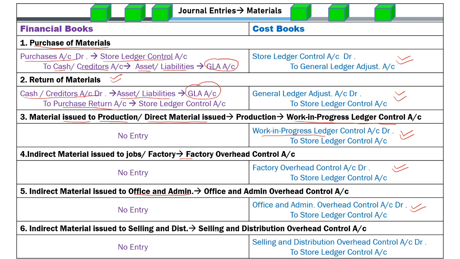And in case of indirect material issued to the selling and distribution department, our entry is selling and distribution overhead control account debit to store ledger control account. So where the material is transferred, that account is debited, and from where the material is transferred, the store ledger control account, is credited. These are the transactions that are related with material.